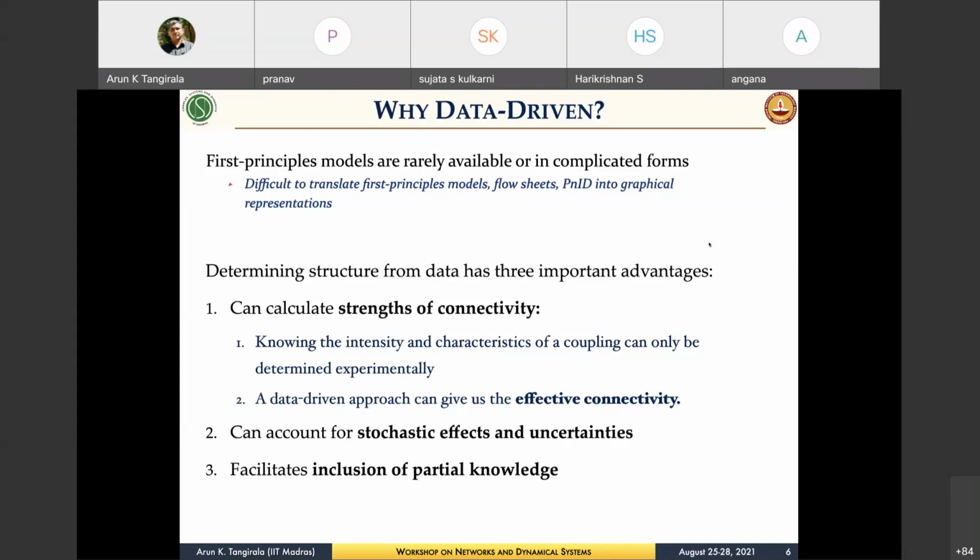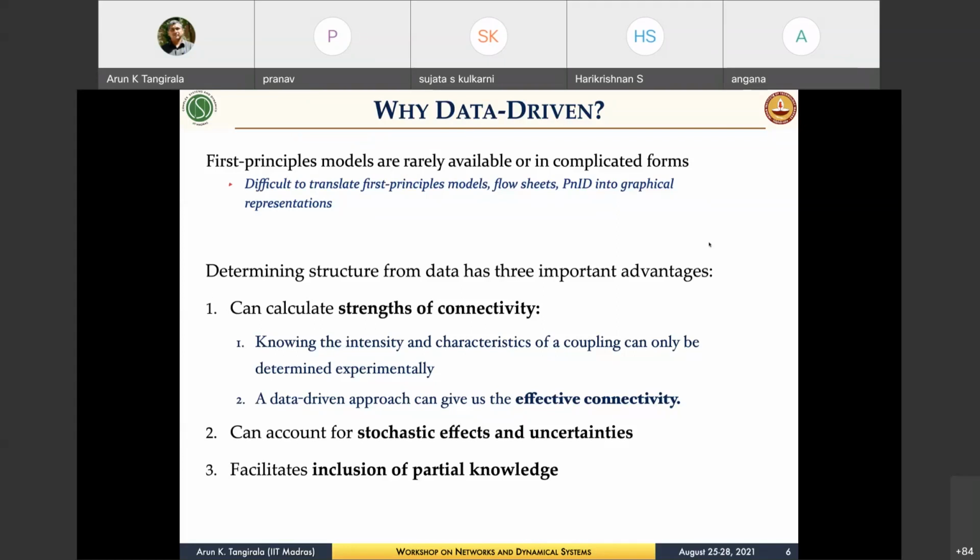To give you a very simple example, take the IIT Madras campus. If I look at the telephone network, we are all connected. On paper, if I go to the telephone exchange, I know how the phone lines are connected, so I can draw a network of the telephone connections. But effectively, what is the network is what I want to know. And that is what even many cell phone service providers are interested in.